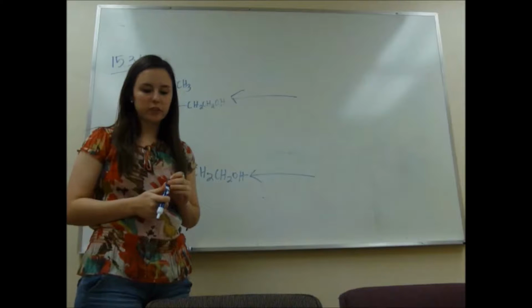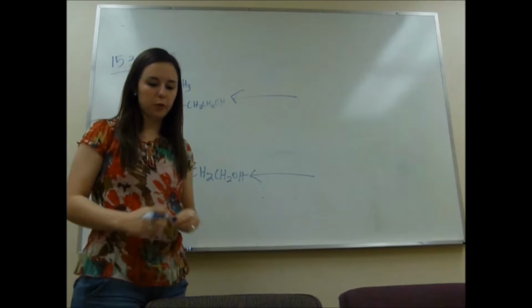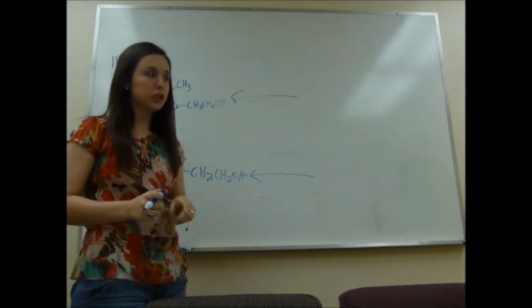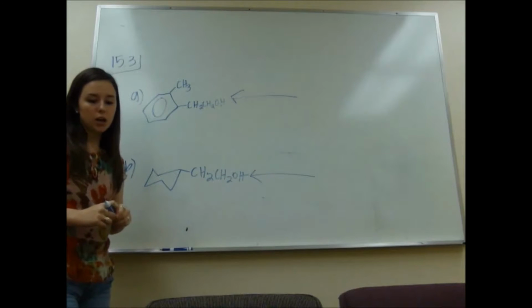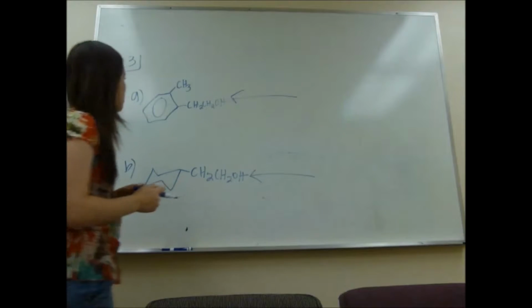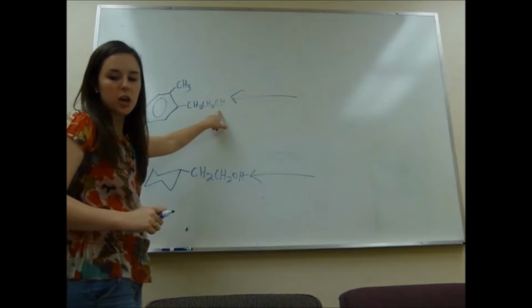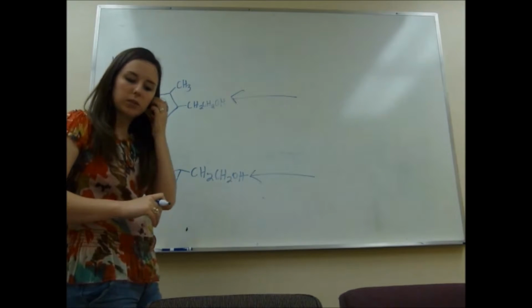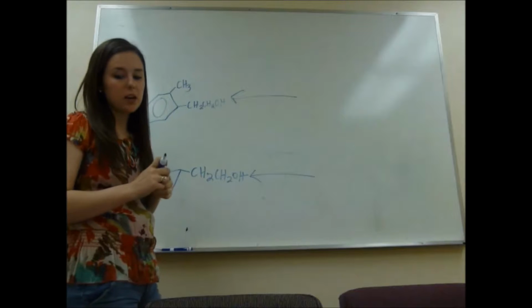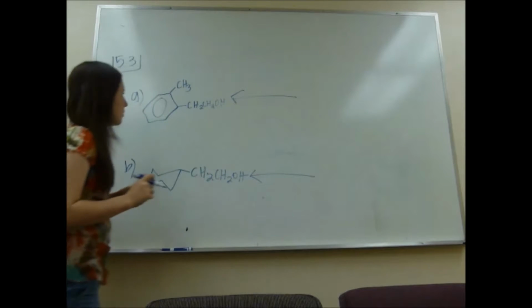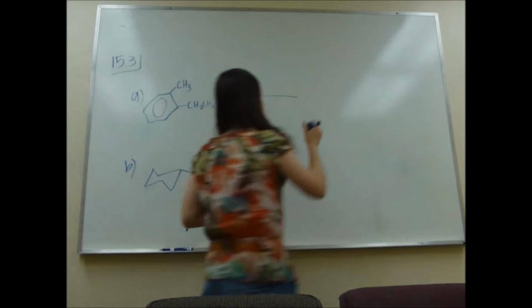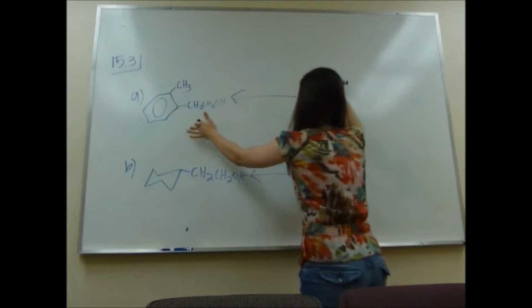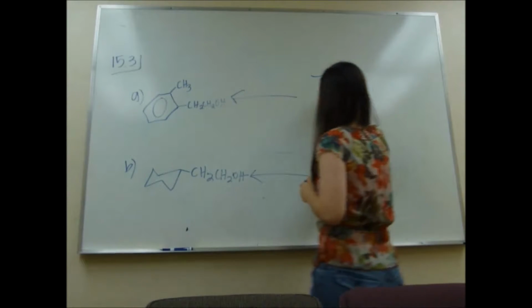Okay, so this is problem 15.3. The problem is asking for appropriate Grignard reagents for each case. So first, we know that we have an OH, and we already know that we're going to use Grignard reagents. So something easy to use would be an epoxide. These are the products, and the reactants are going to be on this side.